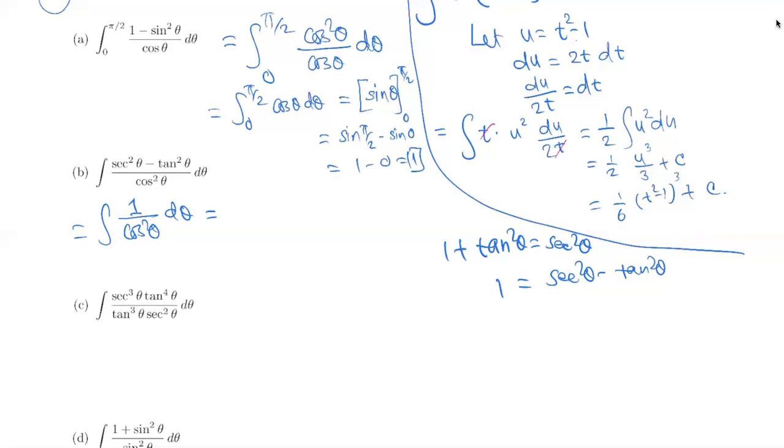At least we got rid of the fraction. It's much better because we don't have a formula for a fraction. Now you should remember secant squared is the derivative of tangent. That means the antiderivative of secant squared is just tangent, and plus c is always there.